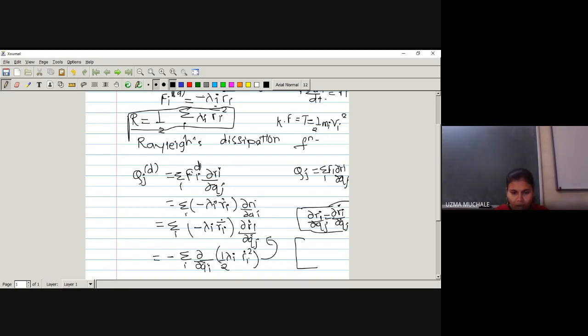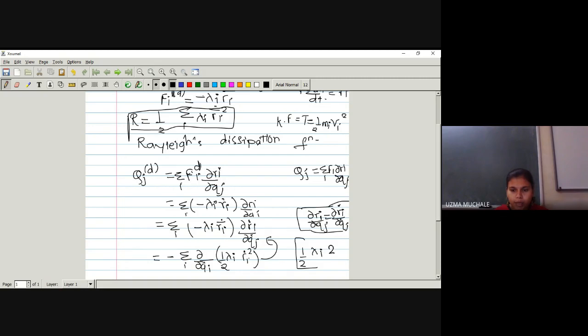Now if I find the derivative of this, what will happen? Let me write down here 1 by 2 as it is, and lambda i will be constant, so that will be as it is. What is the derivative of the function Ri dot square with respect to Qj dot?